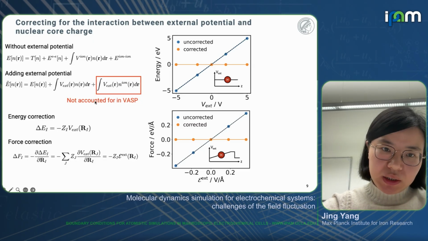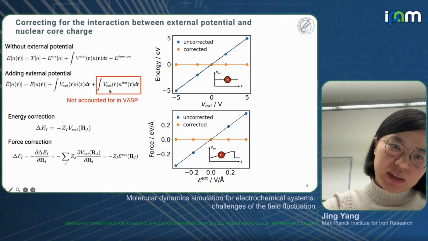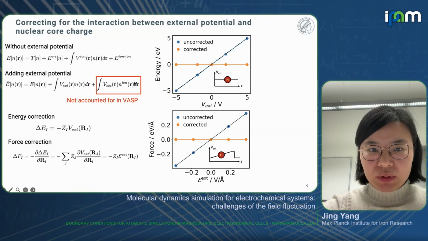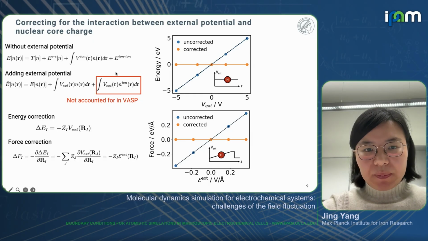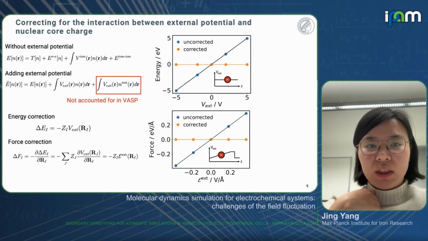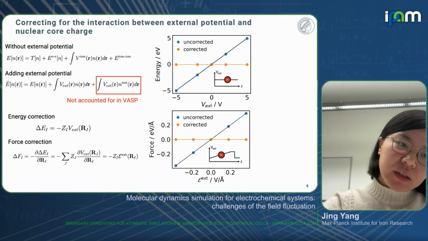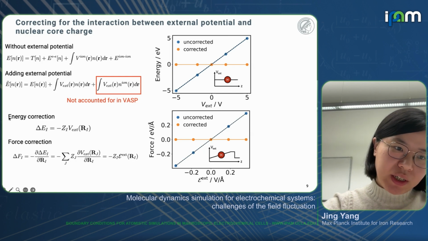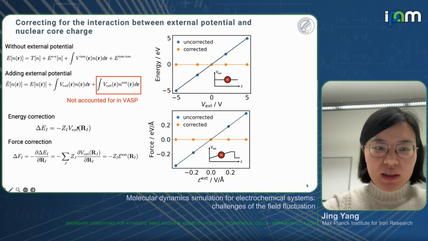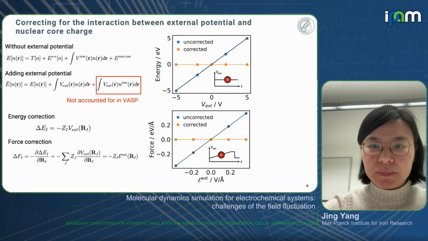It turns out what is missing in VASP is the interaction between the external field and the nuclear core. But luckily, this is very easy to correct because in these DFT calculations, the nuclear cores are treated as point charges. So what we need is just a correction to the energy and forces of how these point charges interact with the external field.